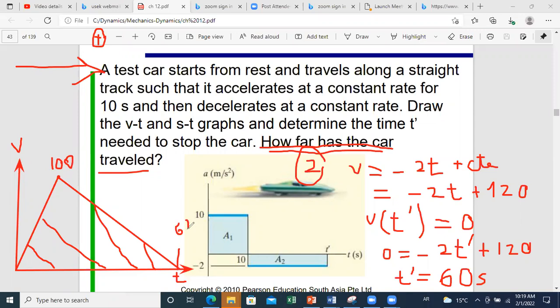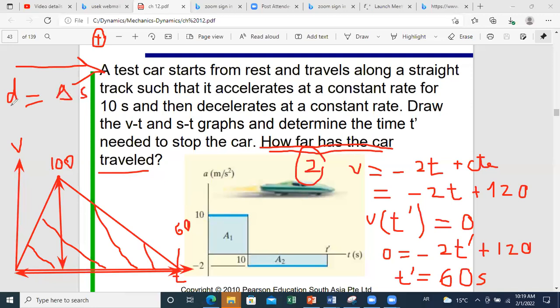And to determine the area of this triangle, all I have to do is to say that for a triangle, the area is height times base over 2. So in a very fast way, I can say that the total distance here is equal to the displacement, because as I told you, delta s here is positive and no change in sense.